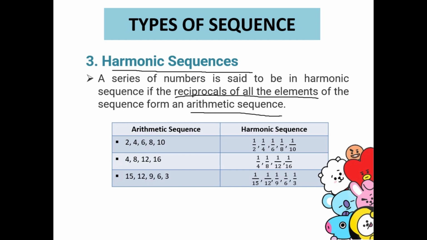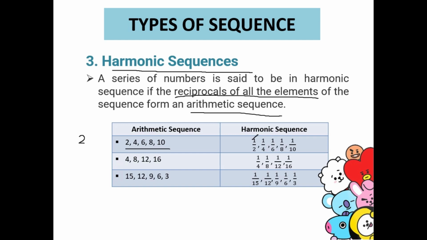Let us start with our example here. We have 2, 4, 6, 8, and 10 for the given arithmetic sequence. After that, how do we solve its harmonic sequence? Again, reciprocal of all the elements. So the reciprocal of 2 is 1/2. Sir, what do we mean by reciprocal?